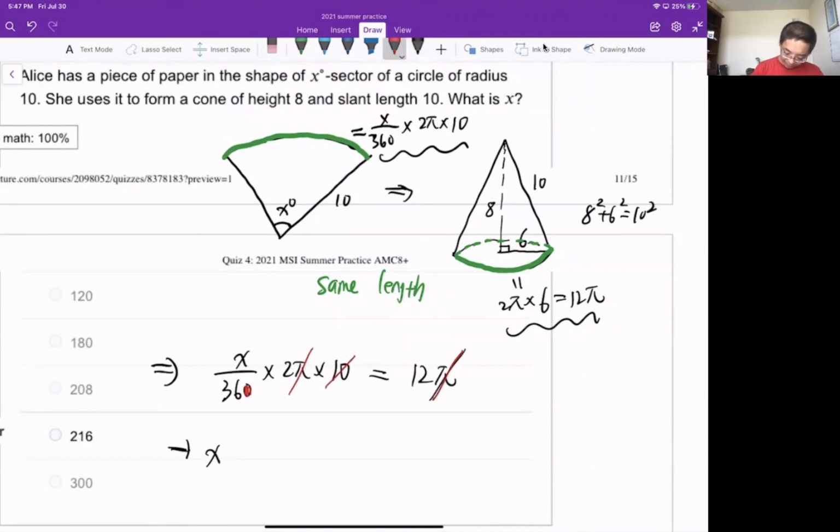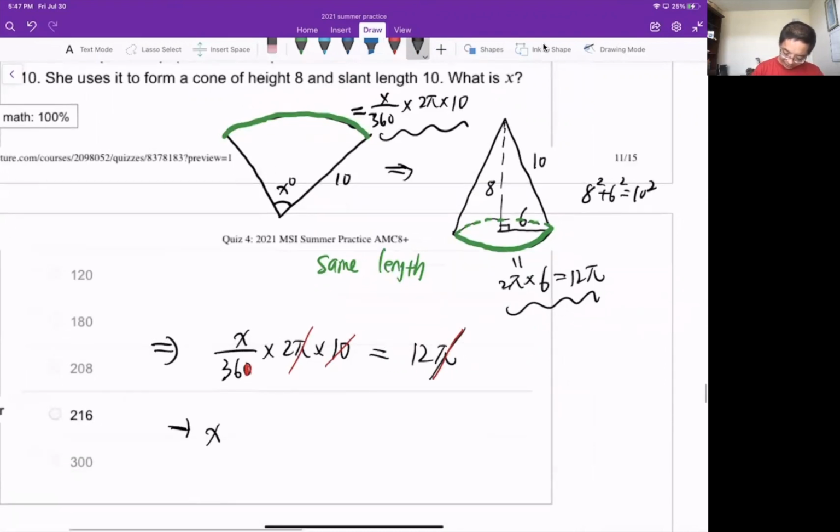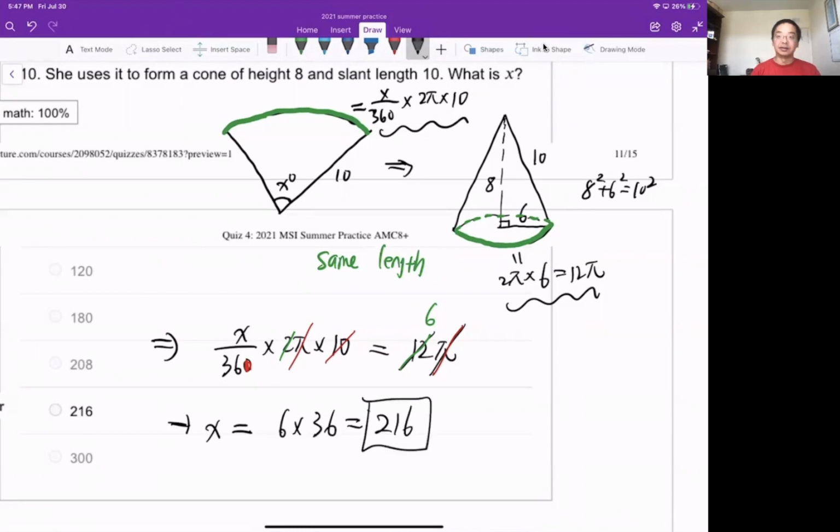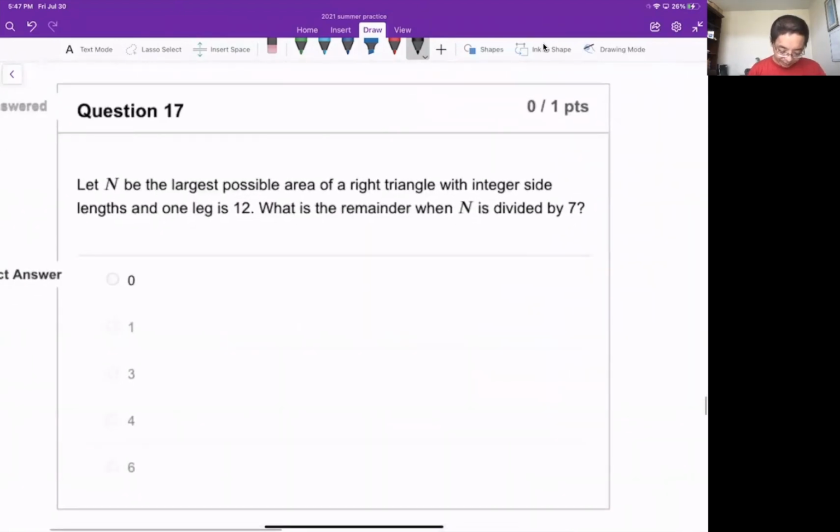So we quickly get x. The 2 cancels, and 12 and 2 give a 6. So x is 6 times 36, which is 216.